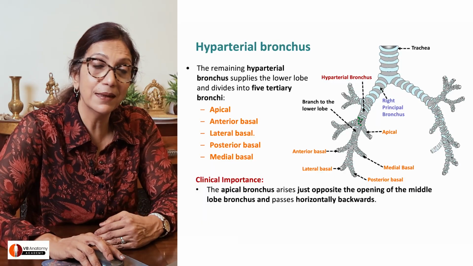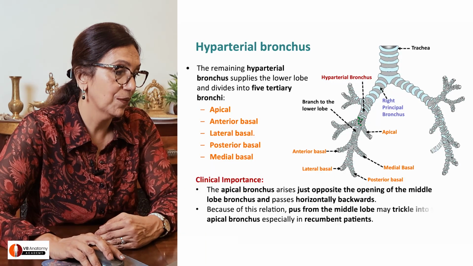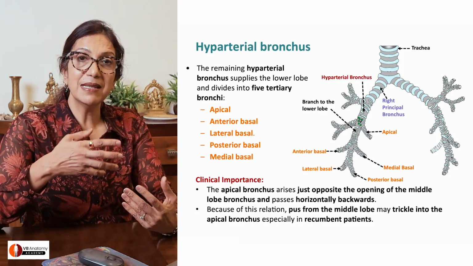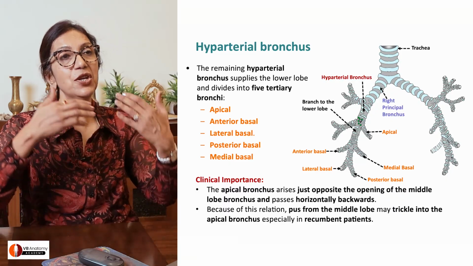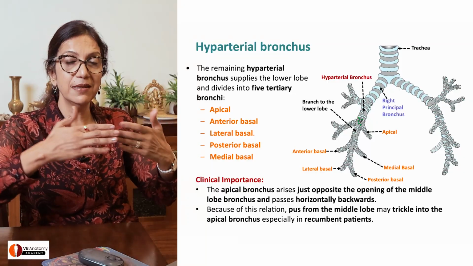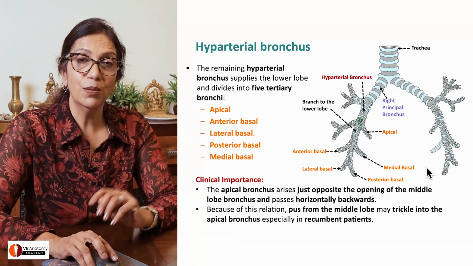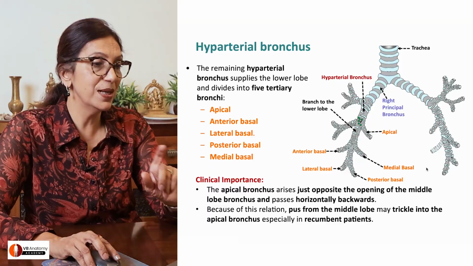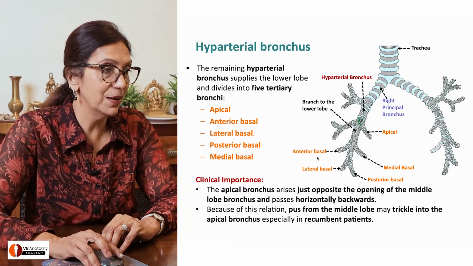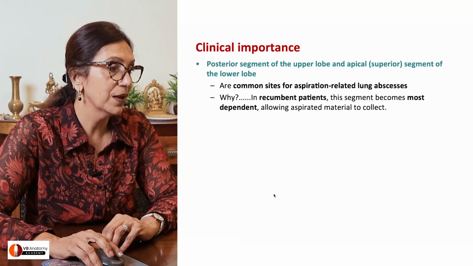How does this matter? Any pus in the middle lobe, when the patient lies down, drains directly into the apical lobe. So it directly drains back into this portion of the bronchopulmonary segment.